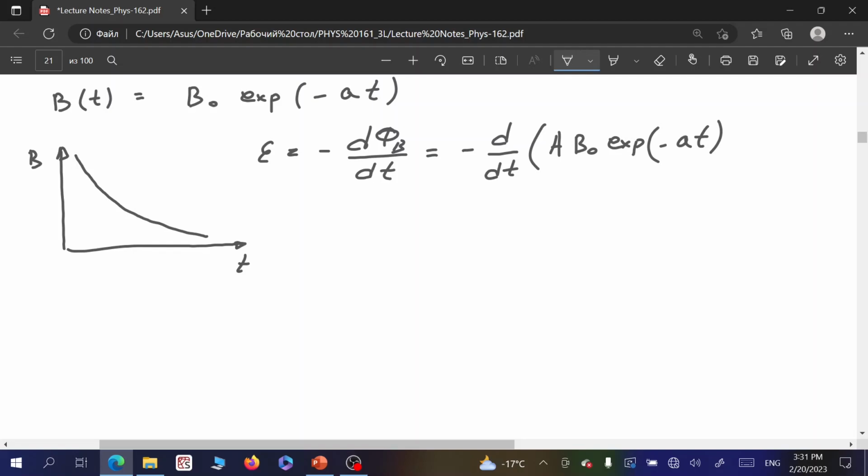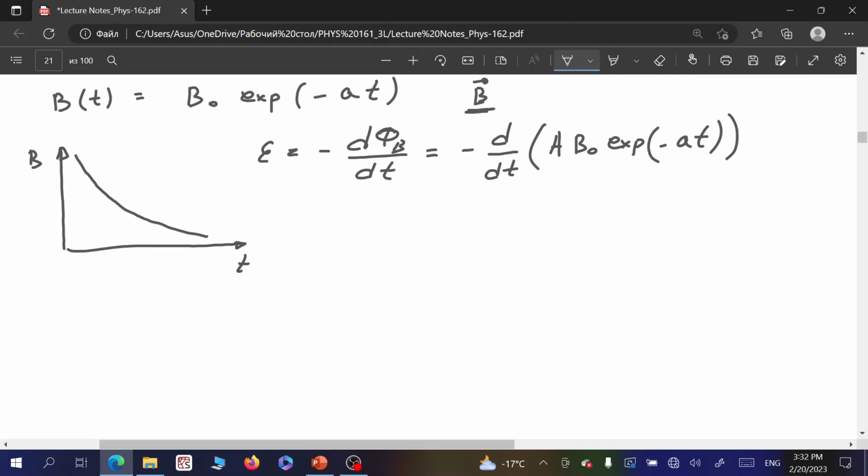And we assume that this magnetic field vector goes perpendicularly to the surface of the loop, so we don't consider any angles. So cosine theta should be equal to unity.